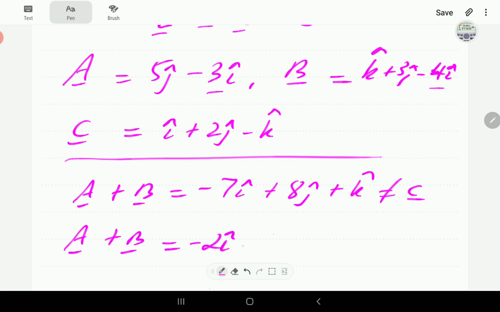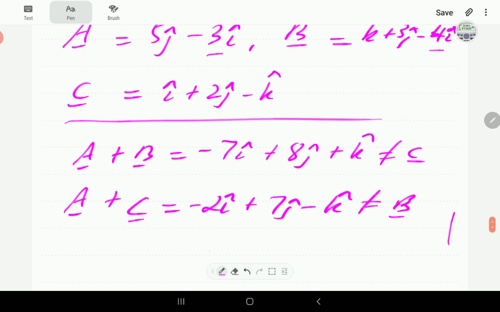The j's add up to 7j, then minus k. This is not equal to B, which it should be if we had a triangle. It is not.